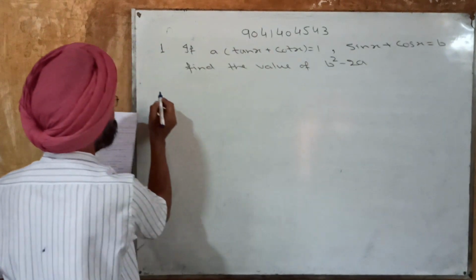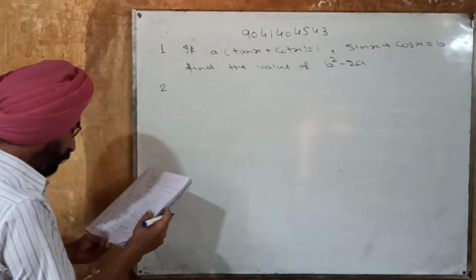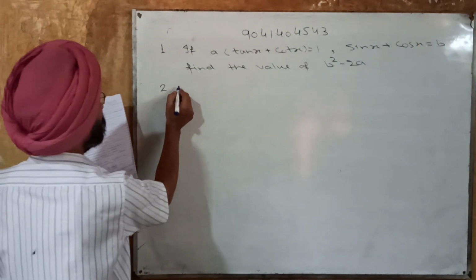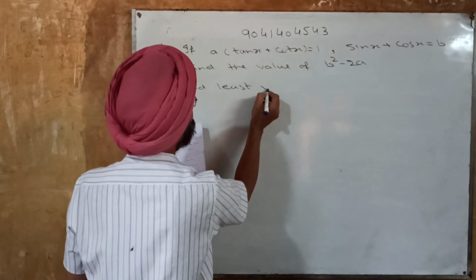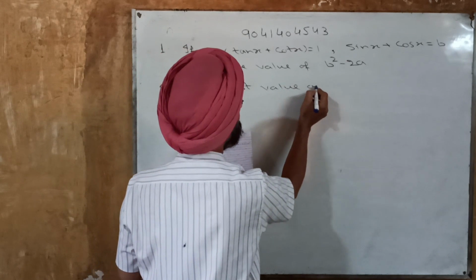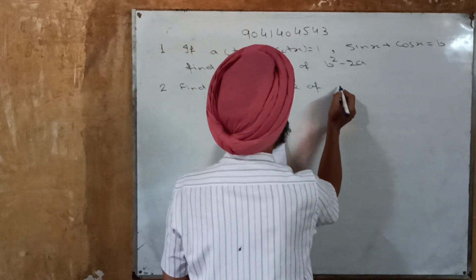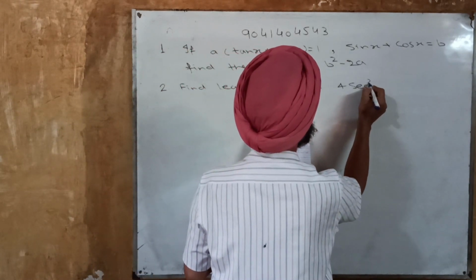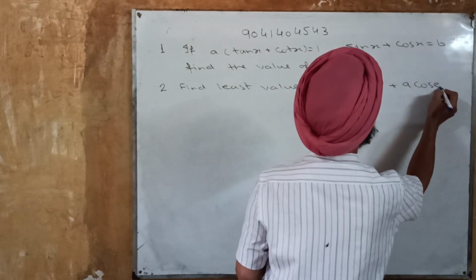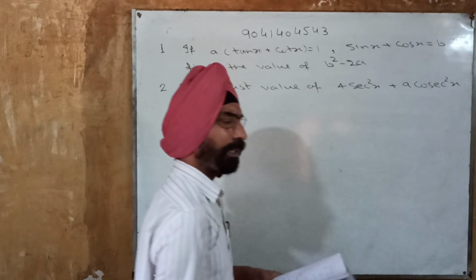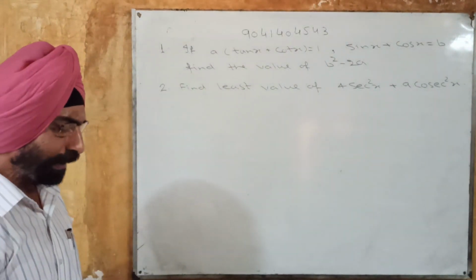This is the first question. The second question of the assignment is, find the least value of 4 secant square x plus 9 cosecant square x. You have to find the least value of this expression.